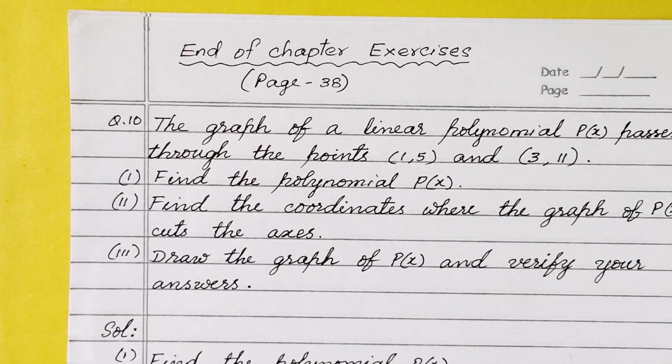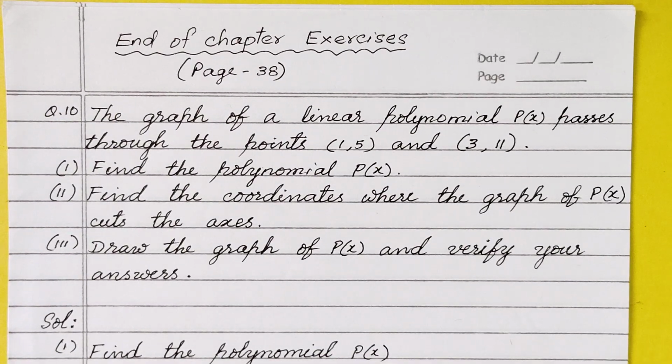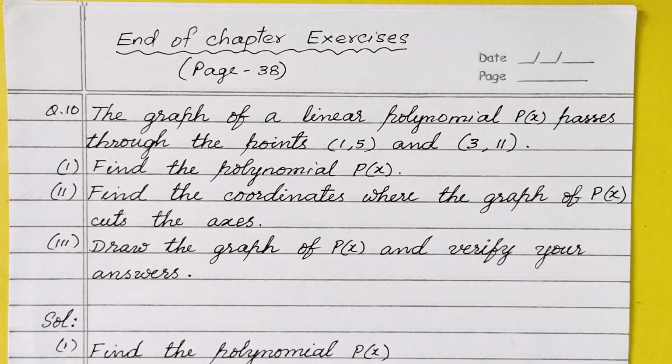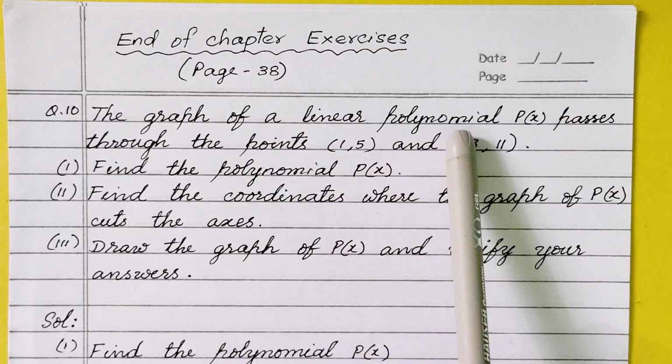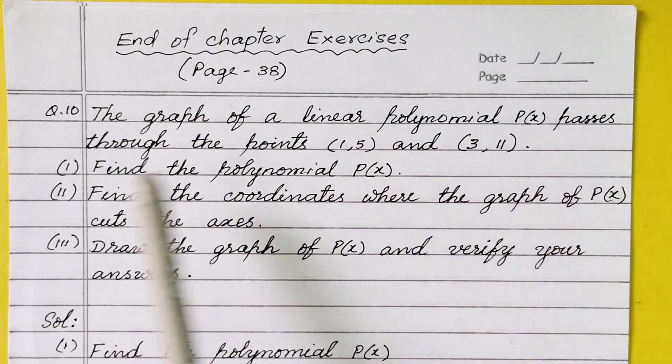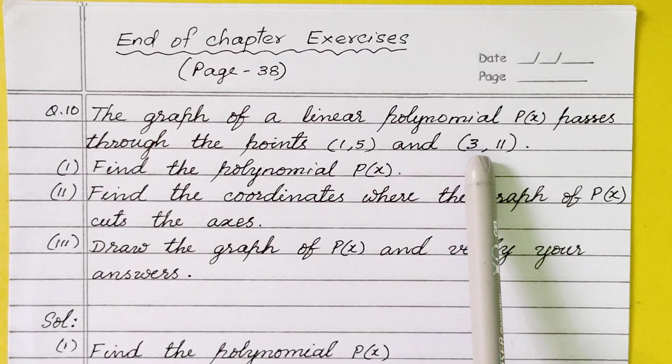So question 10 says, the graph of a linear polynomial p(x) passes through the points (1, 5) and (3, 11).